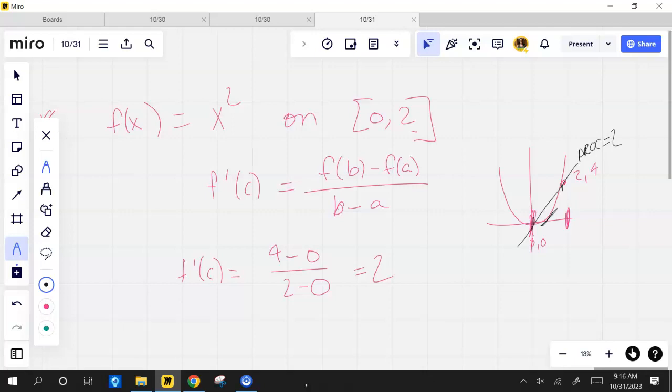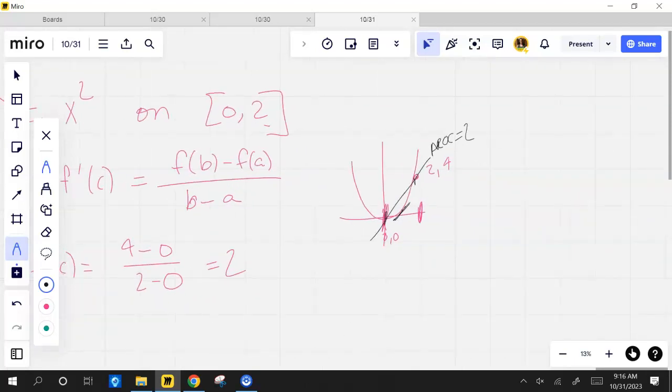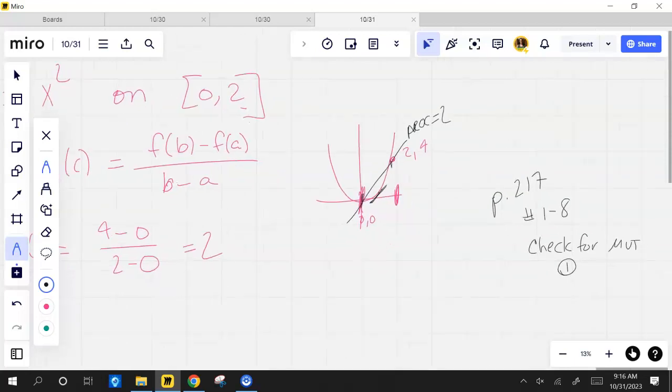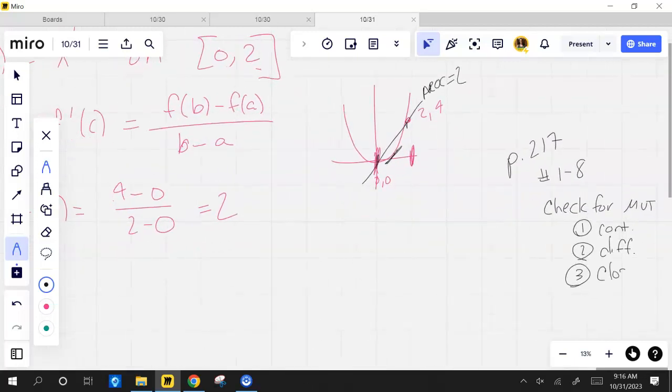That's exactly right. So all I want you to do on these, and it's on page 217, is exactly what it's doing. But you got to make sure 3 things. You got to check for MVT. So to do that, I need to make sure, 1, it's continuous. 2, it's differentiable. 3, closed interval.